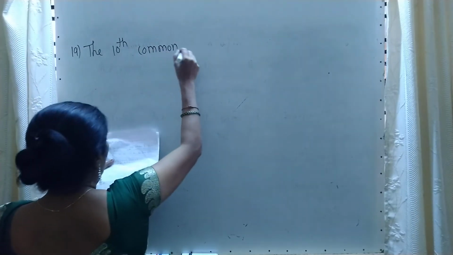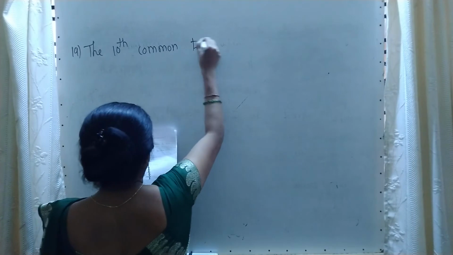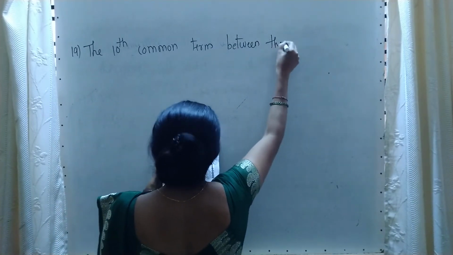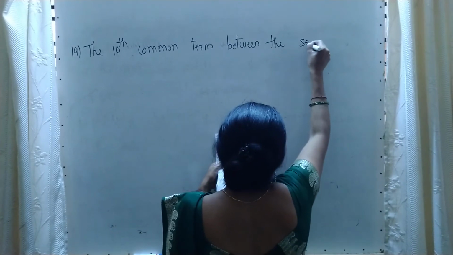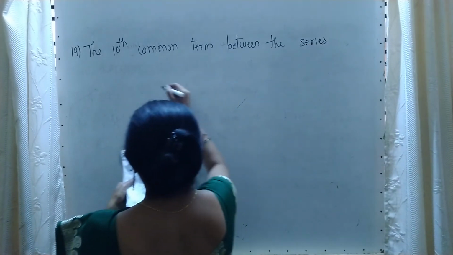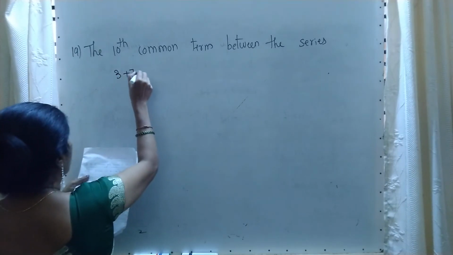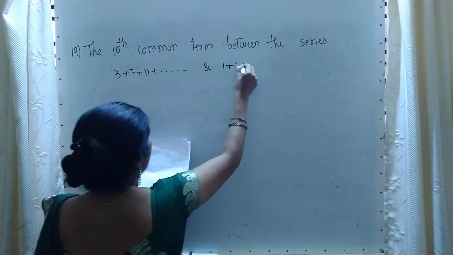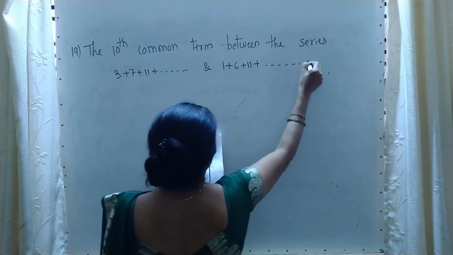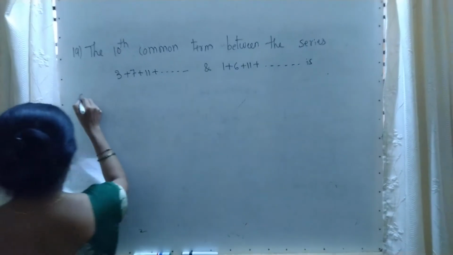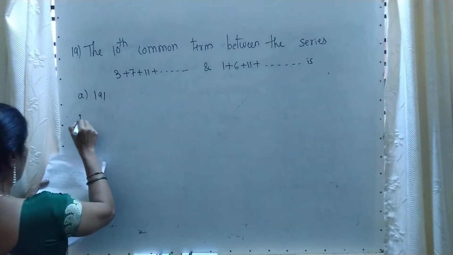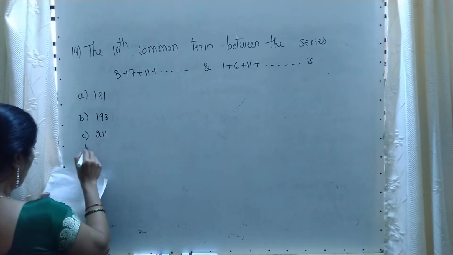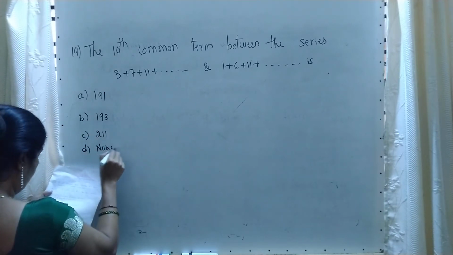The 10th common term between the series 3 plus 7 plus 11 plus dash dash and 1 plus 6 plus 11 plus dash dash is: first option 191, second one 193, third one 211, fourth one none of these.